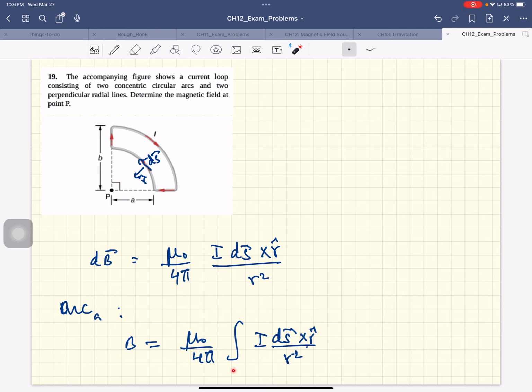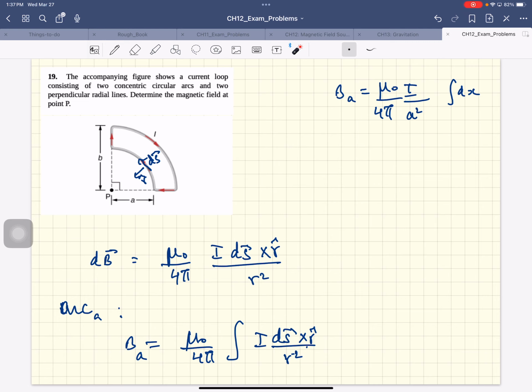So B due to arc A would be mu naught over 4 pi, I is constant, r is constant, and we already know the direction, it's coming out of the sheet, and this would be just the sum of all dx, the sum of the lengths of those elements. And the sum of the lengths of the elements is just this arc length.